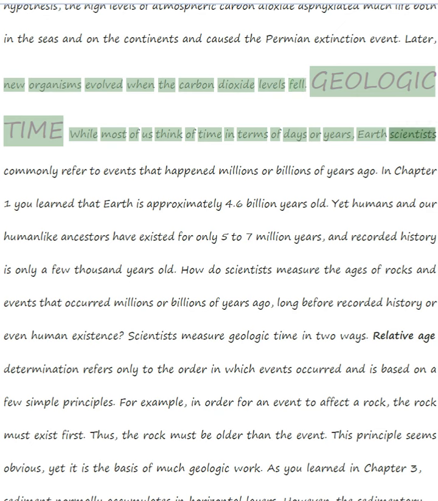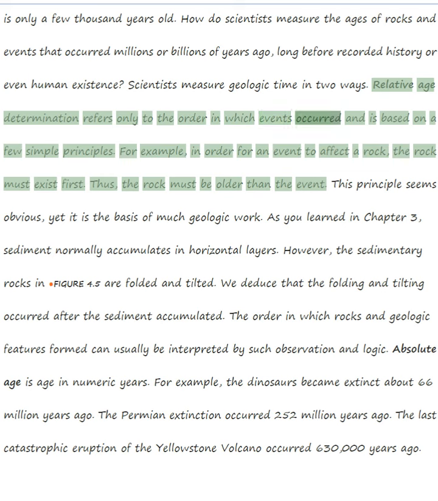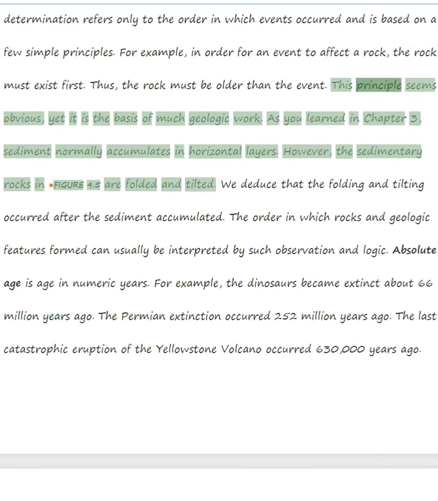Scientists measure geologic time in two ways. Relative age determination refers only to the order in which events occurred and is based on a few simple principles. For example, in order for an event to affect a rock, the rock must exist first. Thus, the rock must be older than the event. This principle seems obvious, yet it is the basis of much geologic work.